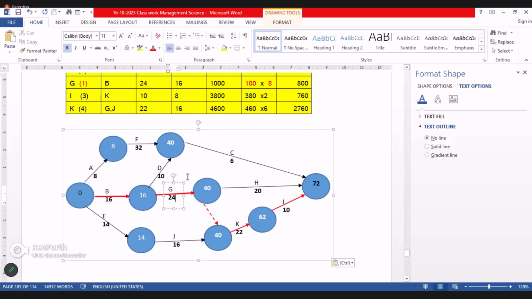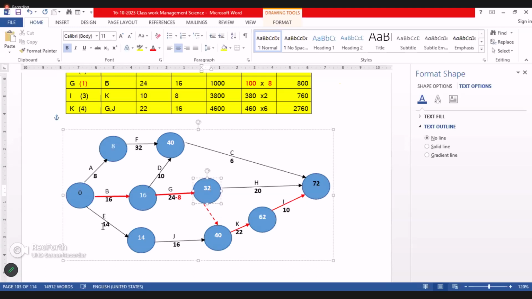It becomes 24 minus 8, 16. 16 plus 16, how much? 32. But here, 15 plus 16 is 31, no problem.